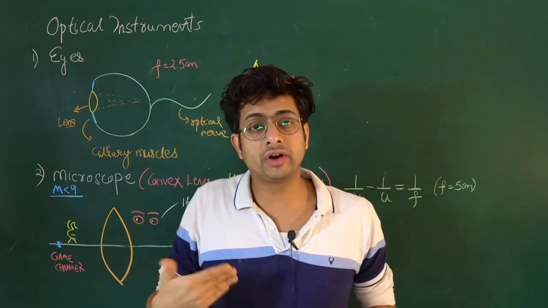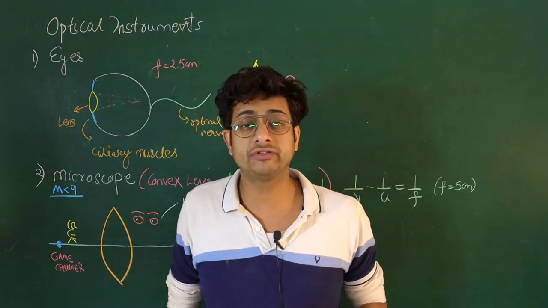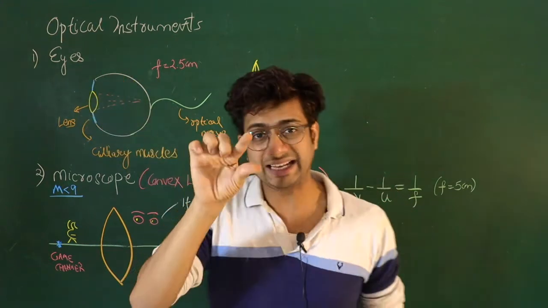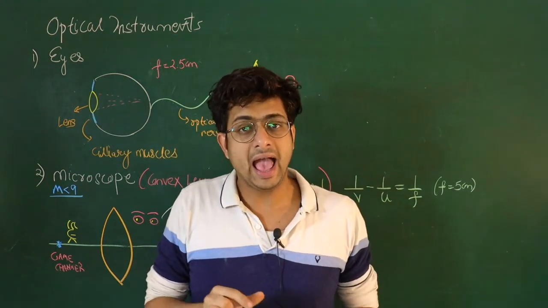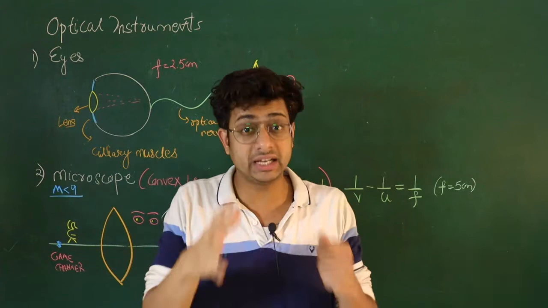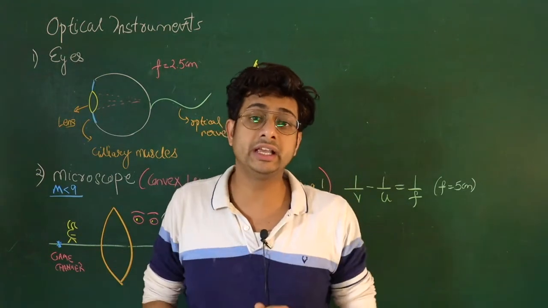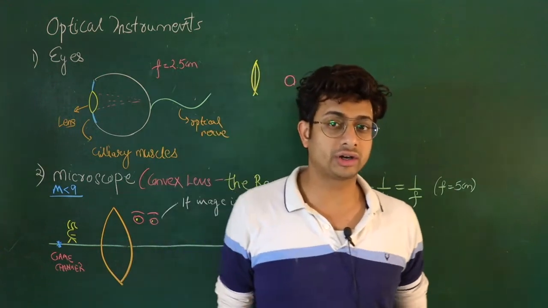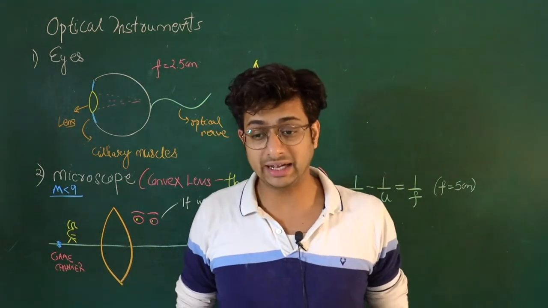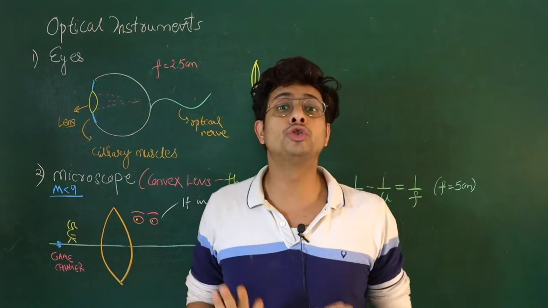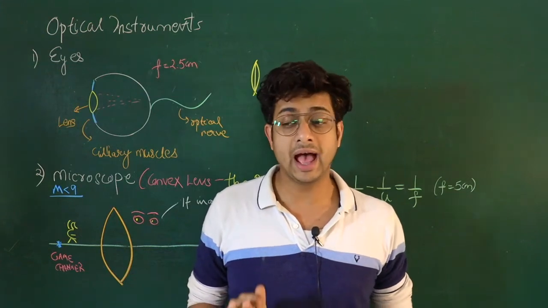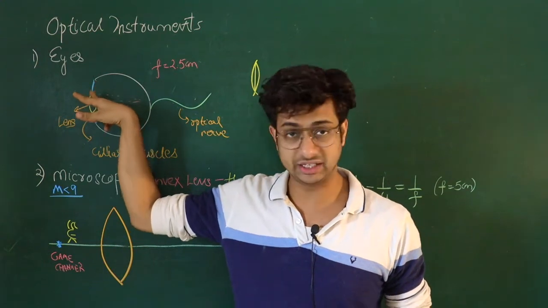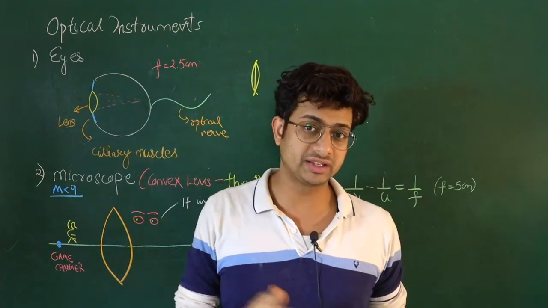But over a period of time, when you study too much, when you watch things very closely, this lens of yours gets stuck, and these ciliary muscles temporarily, note the word temporarily, are not able to stretch it to the position. Now when you go to a doctor, your doctor should recommend that at least for 25 or 30 days you should do a practice, and you should try to somehow help these ciliary muscles, which can be done through focus and defocus.